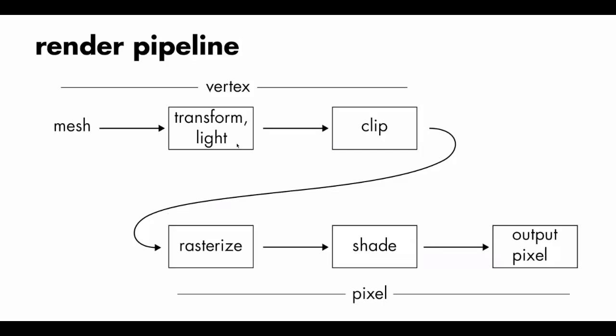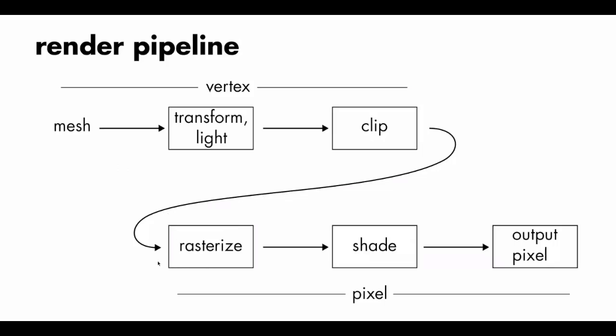So the first step is the transformation and lighting, which is heavily linear algebra oriented. Then we have to make sure that the stuff that we're drawing actually is on screen, and we're not drawing over the screen, at least not too much, and that is clipping. So we're cutting off parts of the triangles that we don't want.